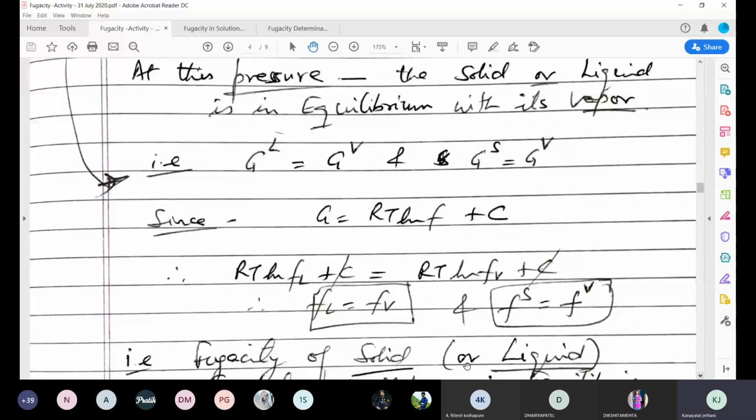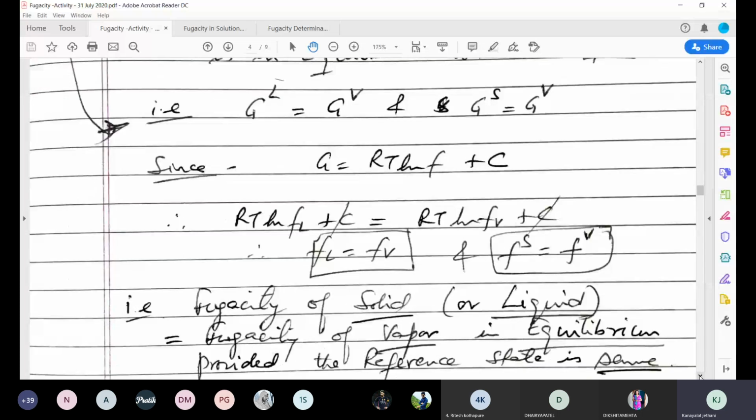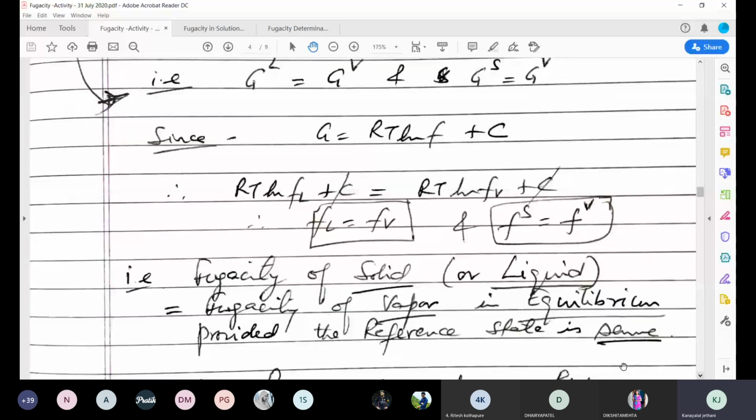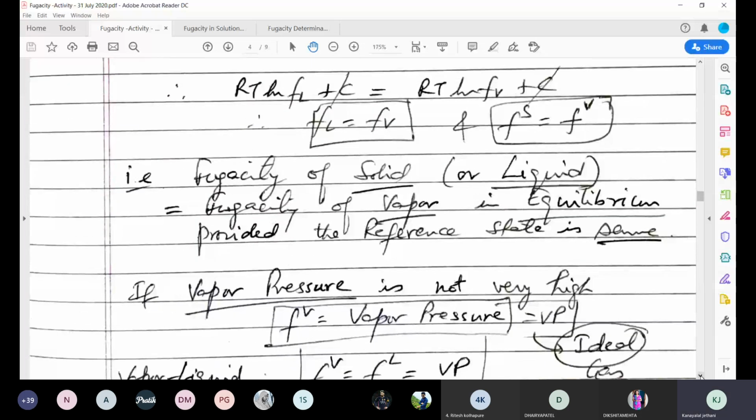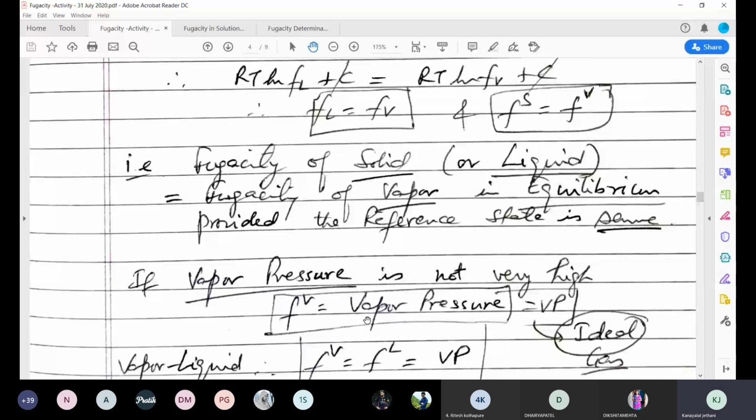That means fugacity of the solid or liquid is equal to fugacity of vapor in equilibrium, provided the reference state is the same. And we always select the same reference state for both. Okay. So if the vapor pressure is not very high, we have seen that, right? fV, the fugacity for the vapor phase or gas phase, is equal to vapor pressure.